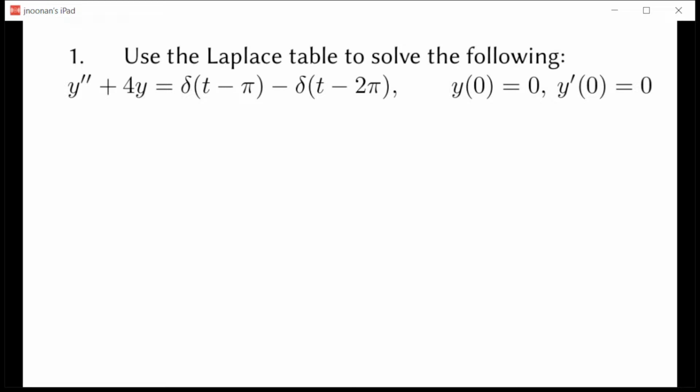Let me just explain what that might model. I've got this spring mass system. I start the stopwatch. After pi seconds, I hit this one way, and then after 2 pi seconds, I'm going to hit it the other way.